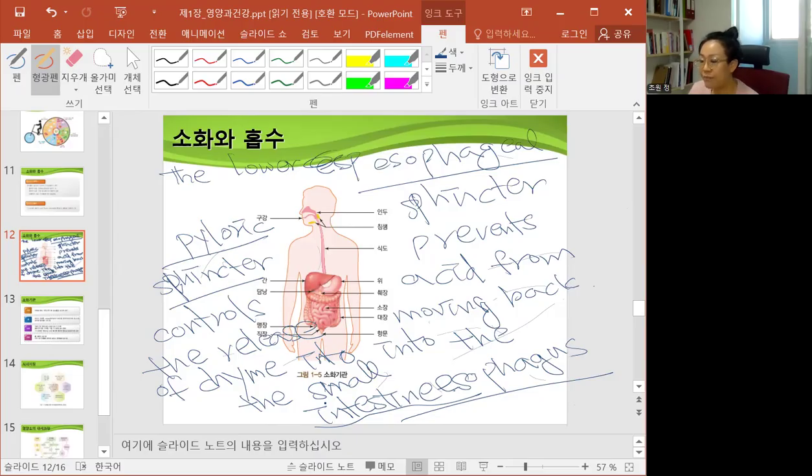After leaving the stomach, food passes through the sphincter and enters the small intestine. The small intestine is the most important organ for digestion and absorption.